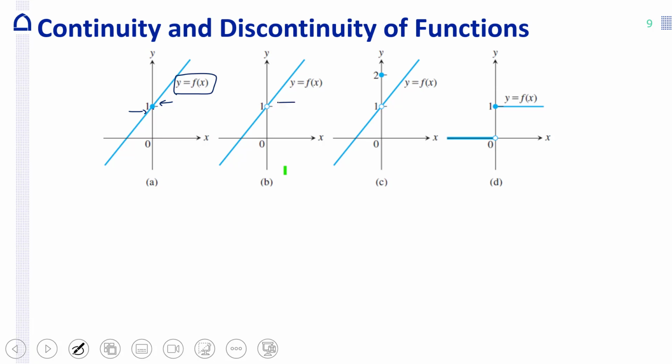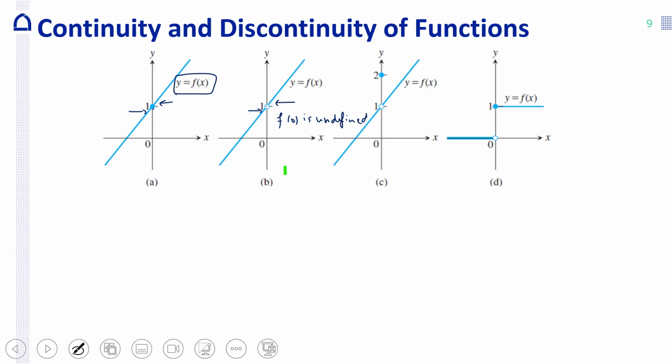But here the right limit equals the left limit equals 1, but f of 0 is undefined. Is this removable or not removable? This is removable. If we define the function at x equal to 0 to be 1, we close this gap and make the function continuous.